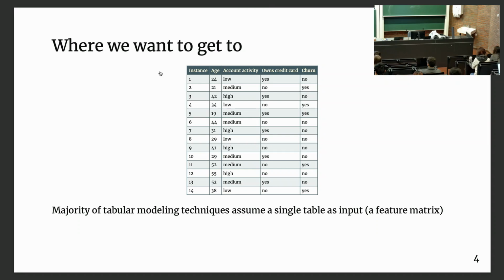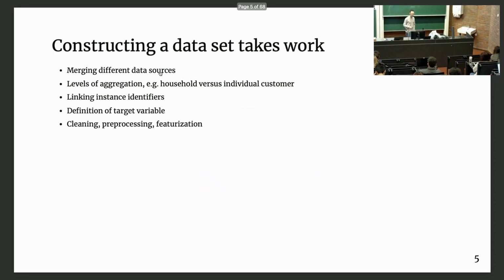So you will have to aggregate or de-aggregate in certain cases, and probably you will also have things such as, let's say, missing values in there that you will also have to treat, and outliers and so on. So it takes a lot of time before you have something that's kind of ready for use for your analytics. And hence, that's why constructing such a data set takes work.